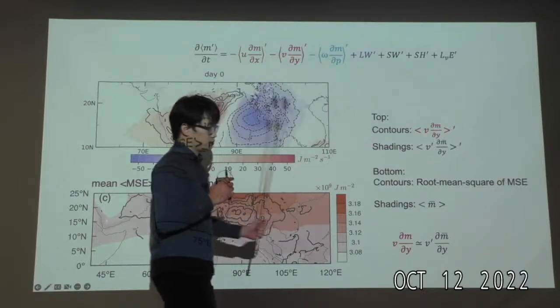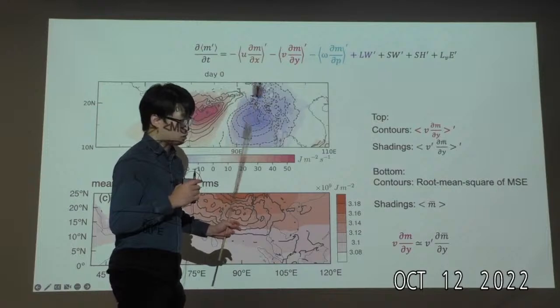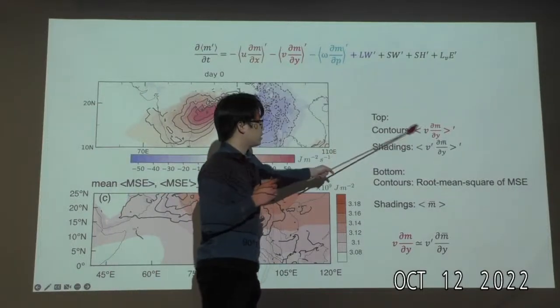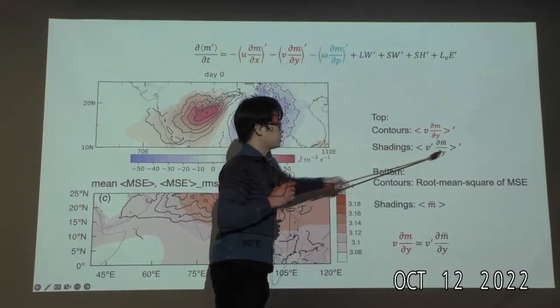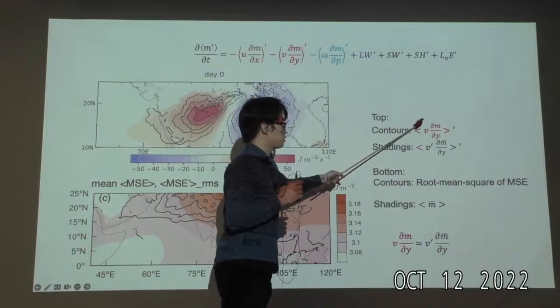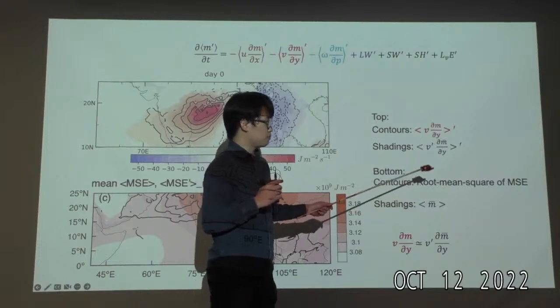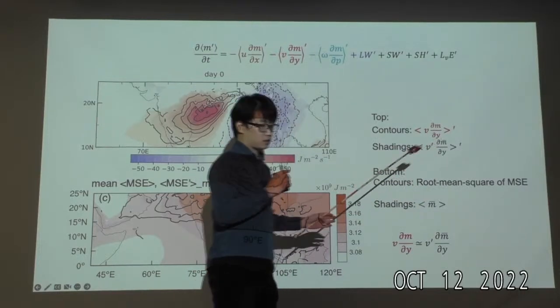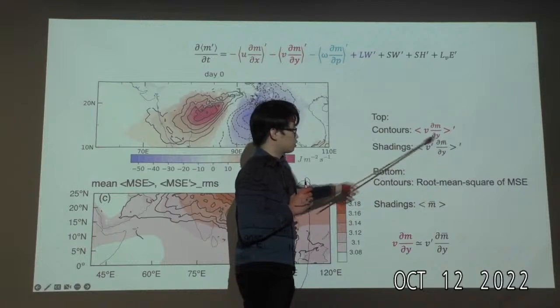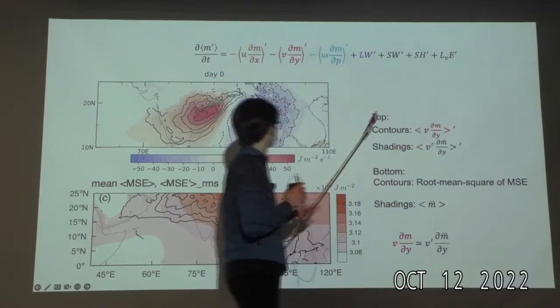And we do the same analysis to calculate the contributions to this one. We can find that this term is actually the major contributor to the zonal advection, which means the mean MSE advected by the eddies, by the anomalous winds, is the major contributor to the zonal advection of MSE.